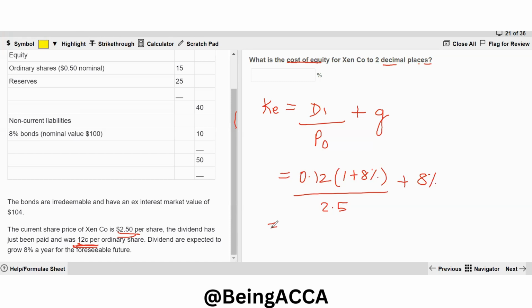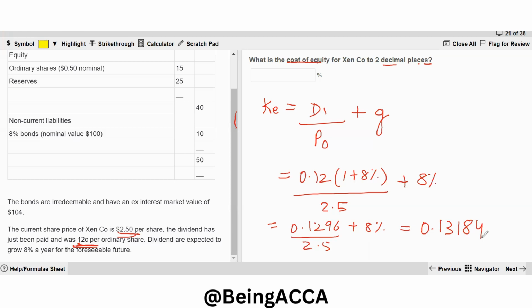So if I find the values out, 0.12 into 1.08 gives me 0.1296, and this divided by 2.5 gives me 0.05184, and I will add 8% to this, so plus 0.08, and this gives me 0.13184.